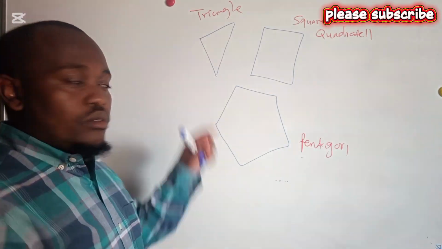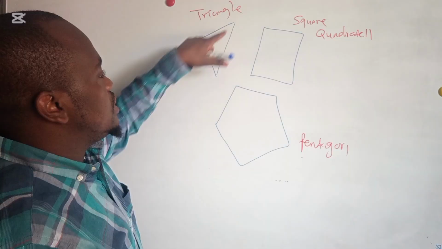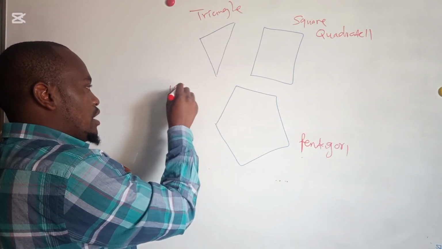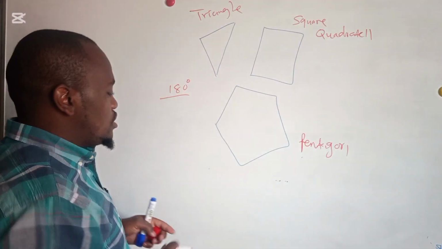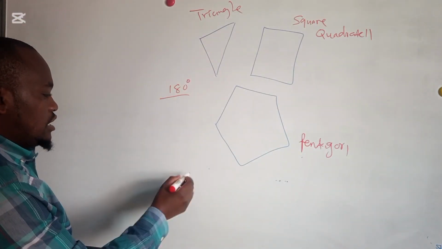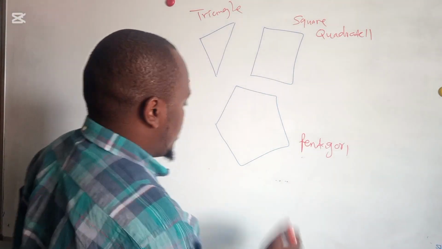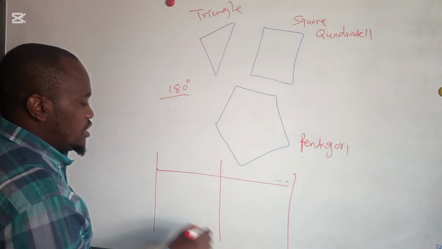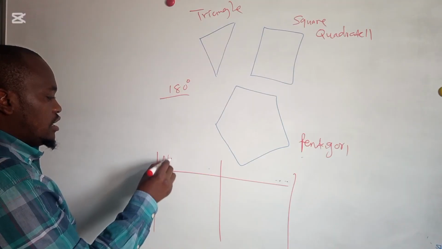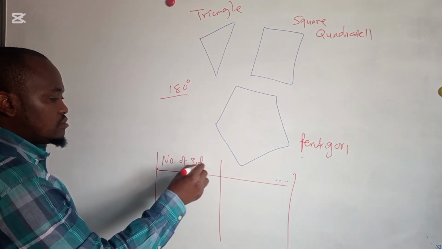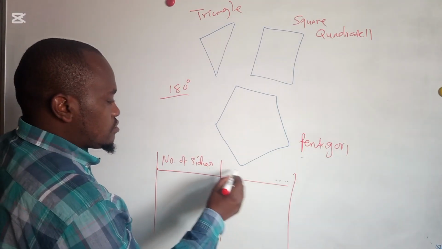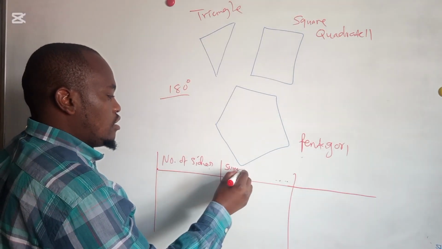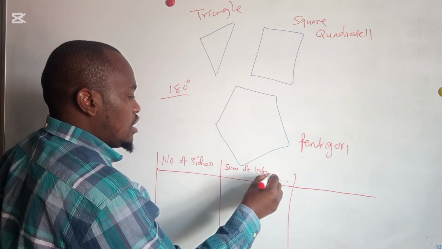We know the sum of interior angles of a triangle add up to 180 degrees. This one we know. So now here we can draw such a table, and we will say number of sides, and here we can say sum of interior angles.